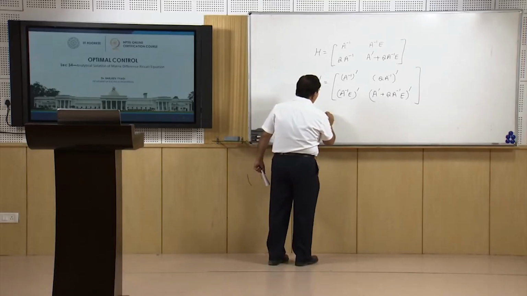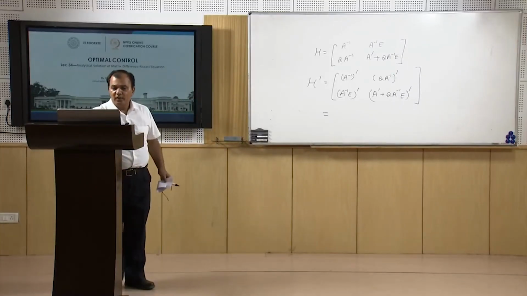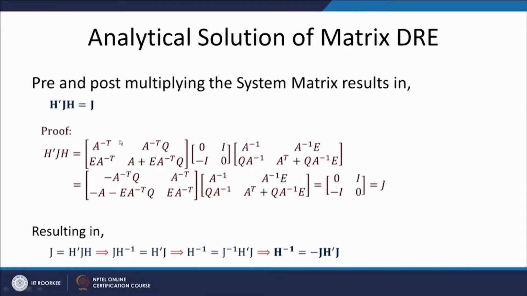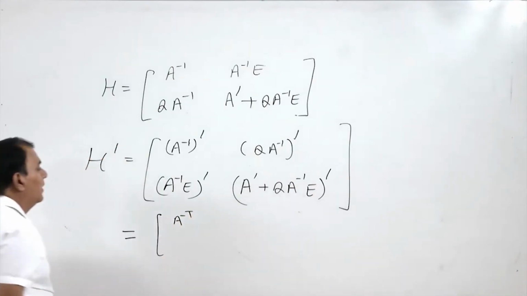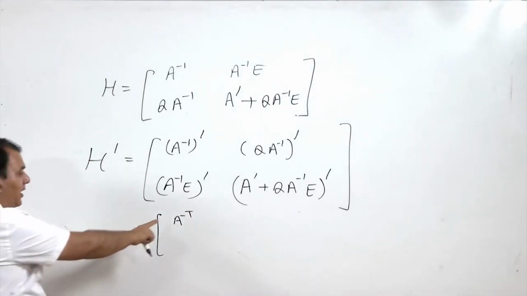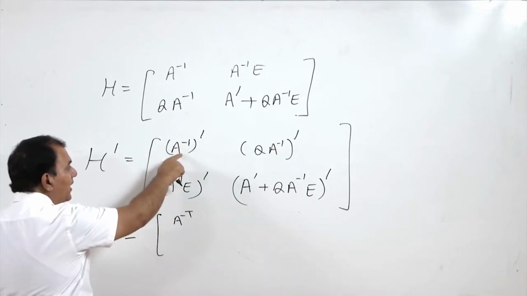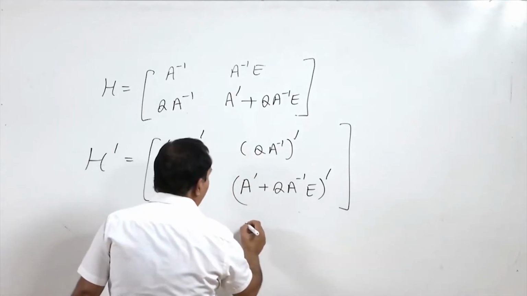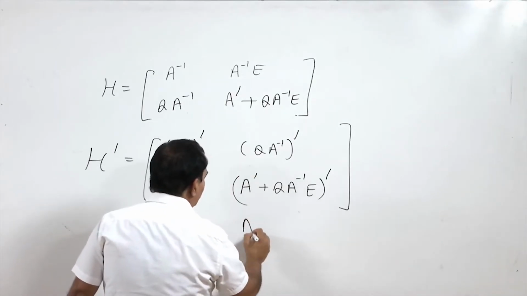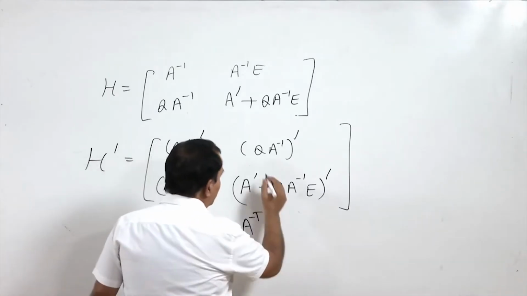So, the first element I will get is A minus transpose, which I am writing as A minus T. A minus T means the transpose of the A inverse matrix. So, we take the A inverse and then take the transpose.